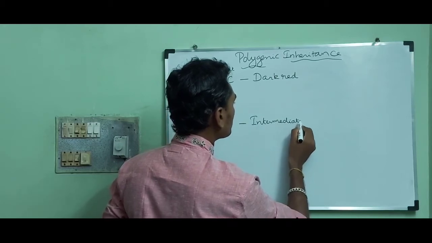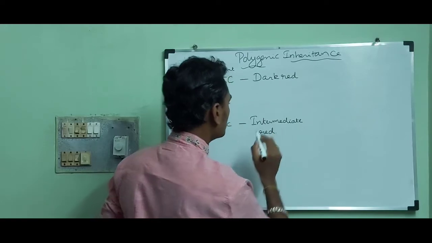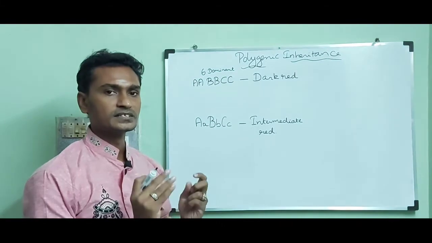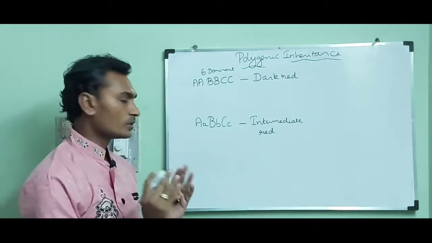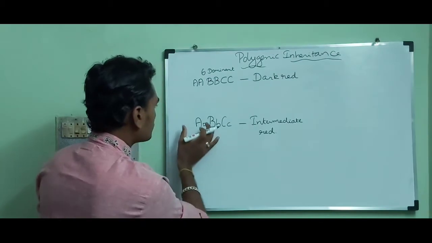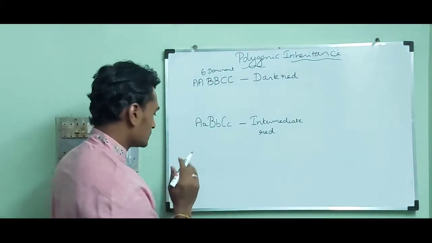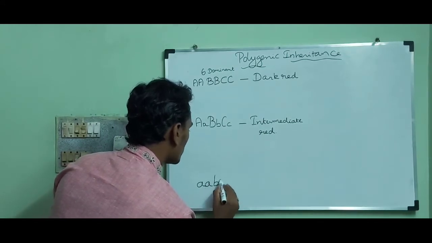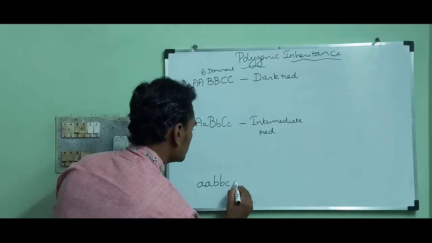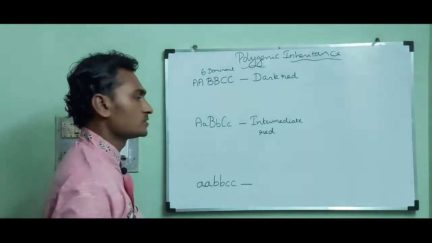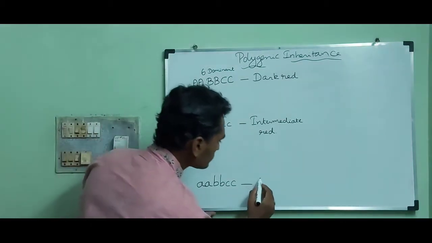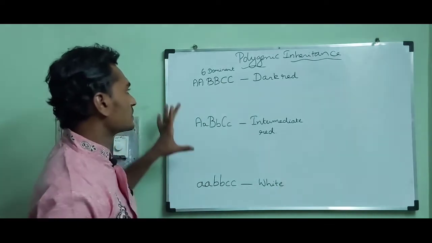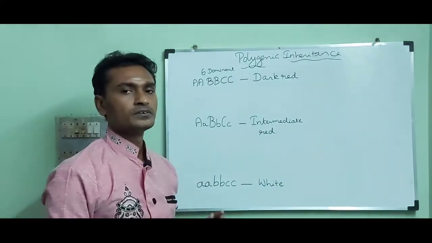Then we are going to predict the lowest value, that is the recessive value. All the pairs of alleles are going to be recessive: small a, small a, small b, small b, small c, small c, and it shows the phenotype white. So these are the 3 extremes we predicted.